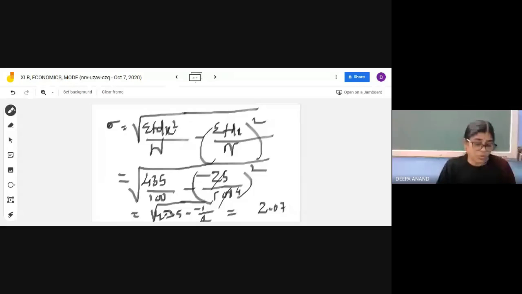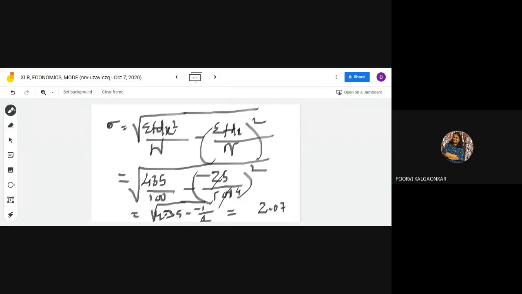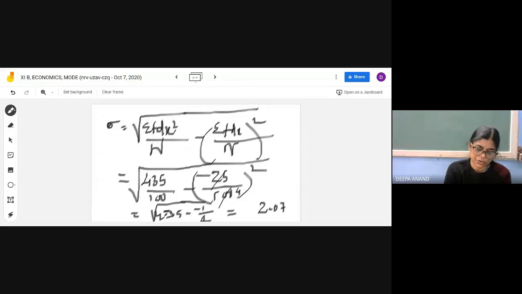Okay, don't take this much time. 15-20 minutes for a question, we cannot allocate. So this is 435 upon 100, that is 4.35, minus 25 upon 100, that is 1/4. What will you write for 1/4? It was 25 by 100, the whole square, right?